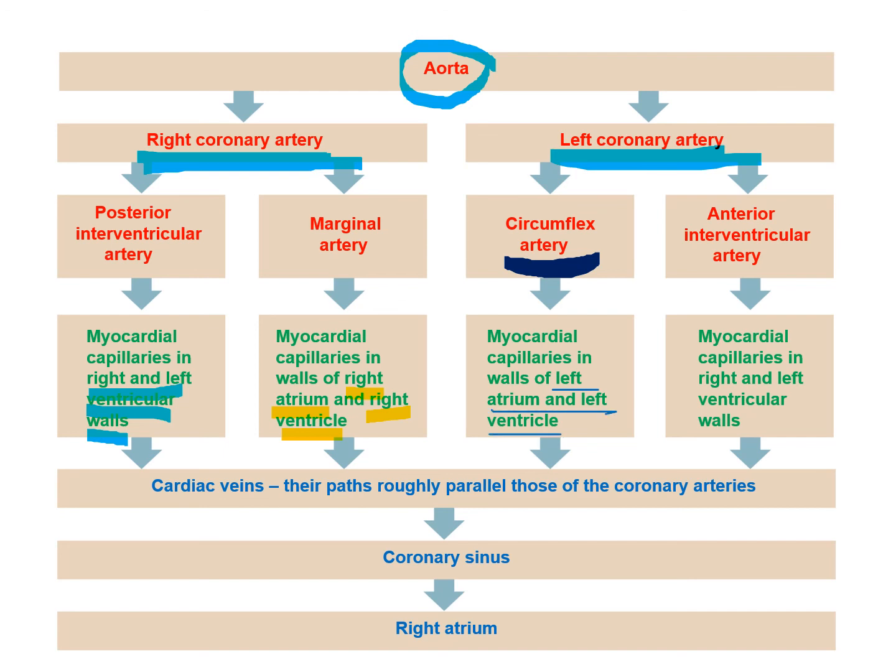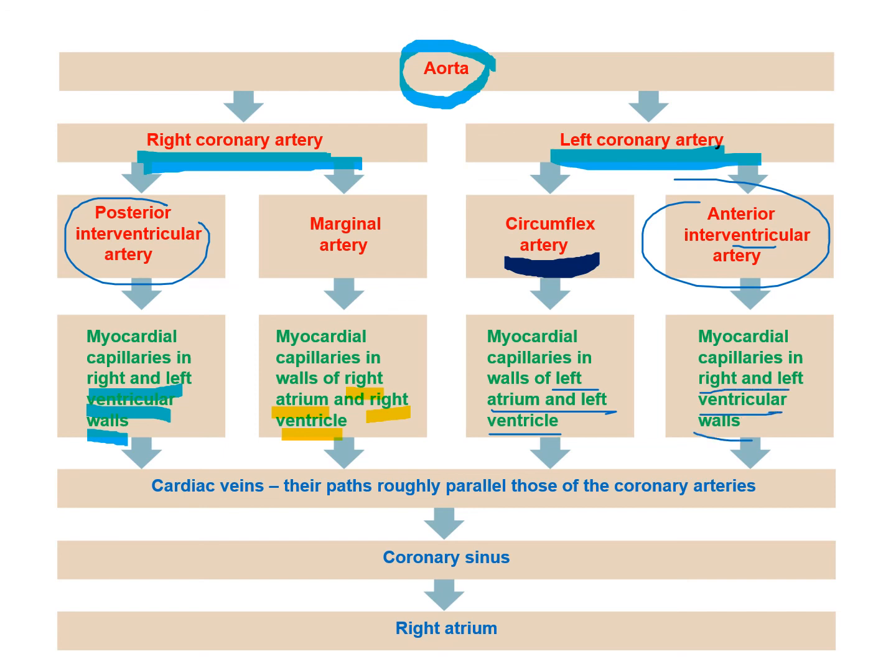And finally, the anterior interventricular artery. So we had posterior over here. Now we have anterior between the ventricles. And this likewise will deliver oxygen-rich blood to both right and left ventricles.